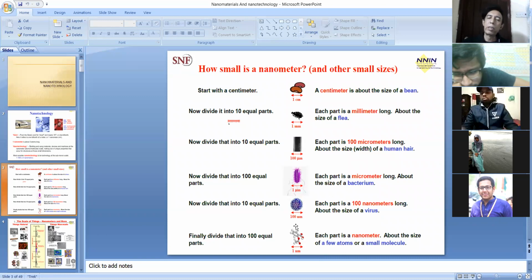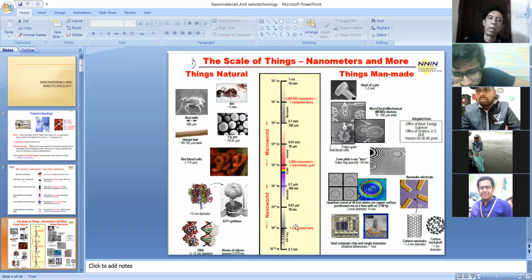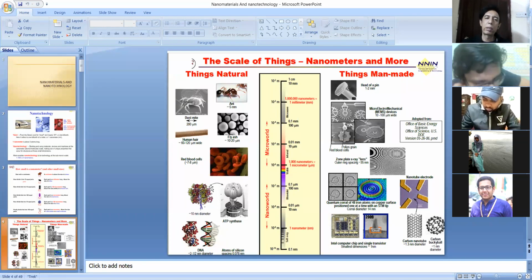We cannot see a nanoparticle. These are the things that are small, not nano, that are small. On the left side, they are natural things, and on that side, they are man-made things.